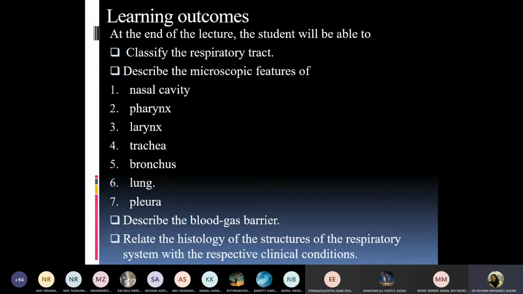Without any clinical correlation, histology doesn't hold good. So always we should be able to correlate with clinical cases. Don't compartmentalize your mind, like gross is separate, histo separate, histopatho separate. No, everything is together.